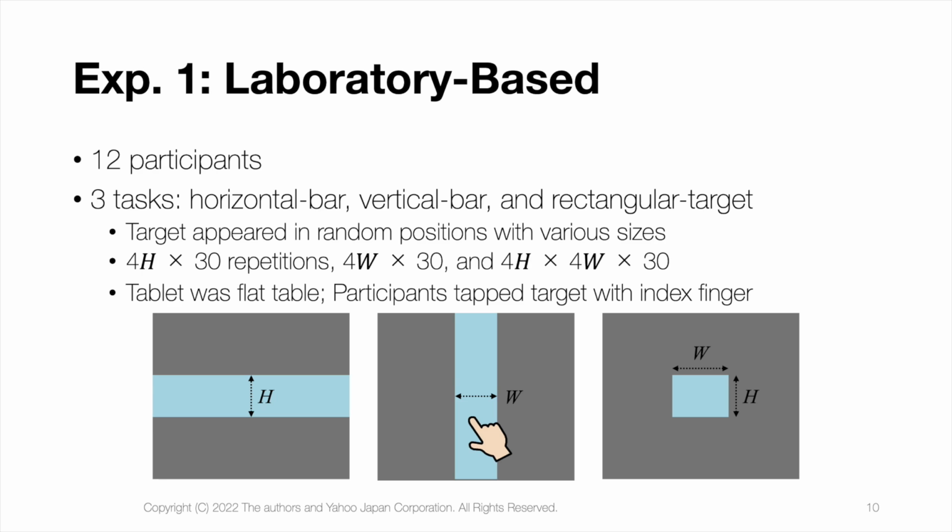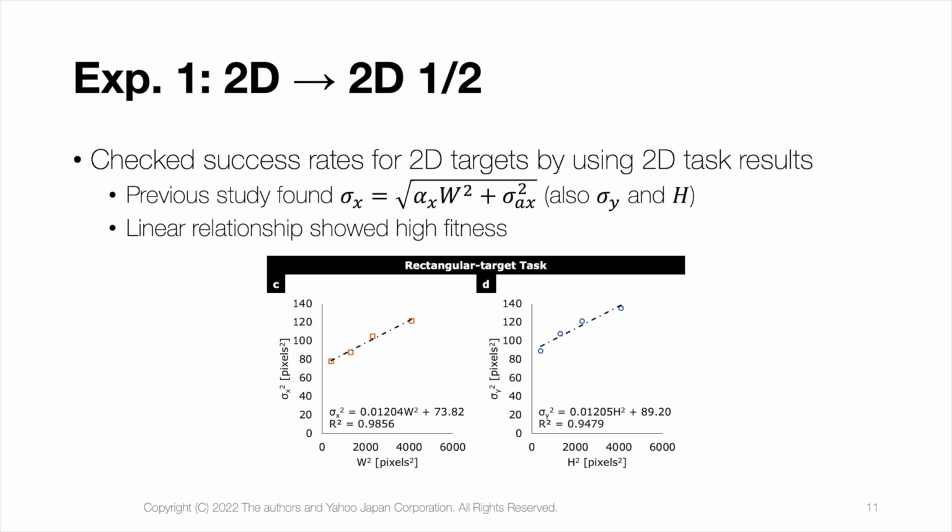The participants repeated the experimental conditions 30 times for each task. A tablet displaying the experimental task was on a flat table, and the participants tapped the targets with their index finger. We checked the success rate for the 2D targets by using the 2D task results.